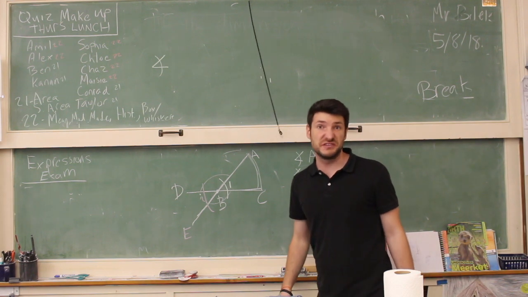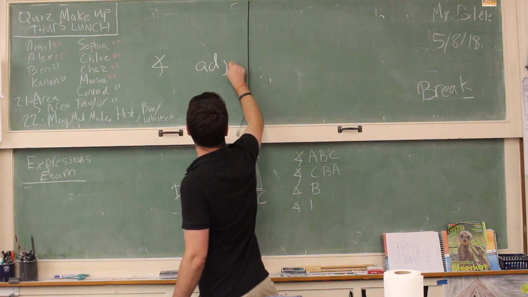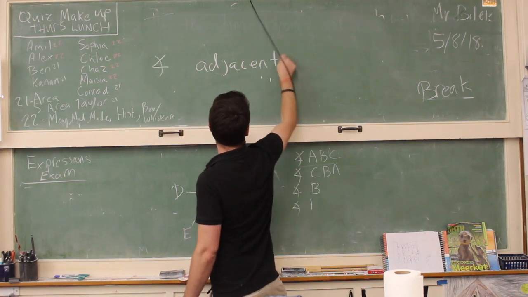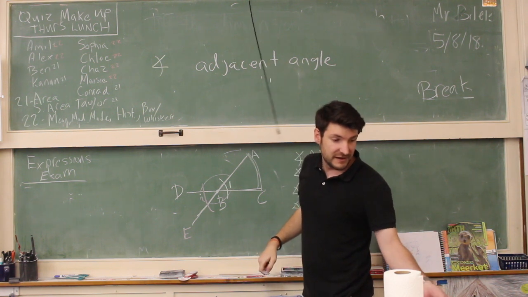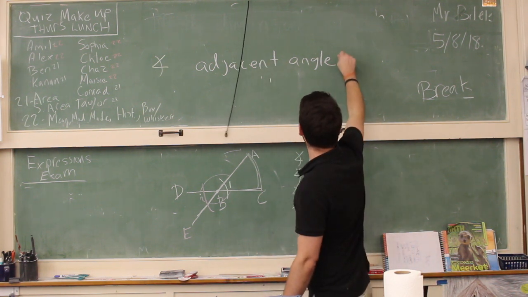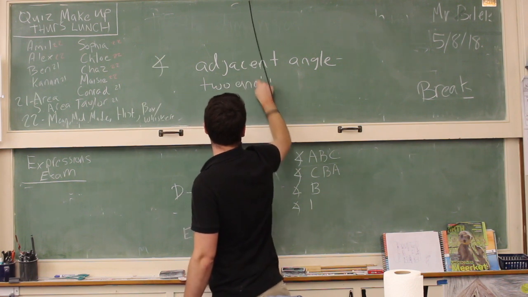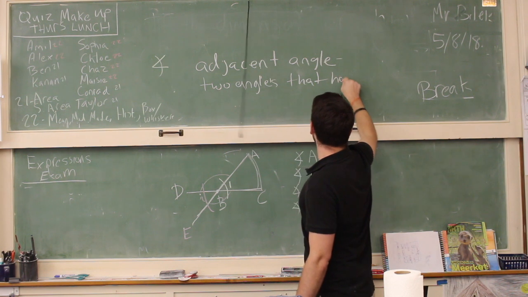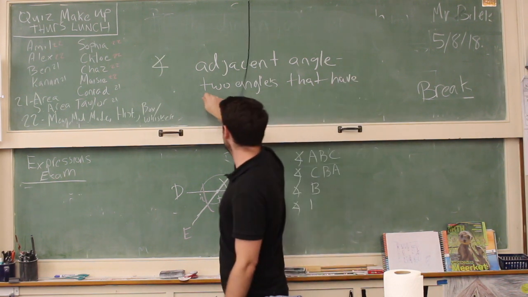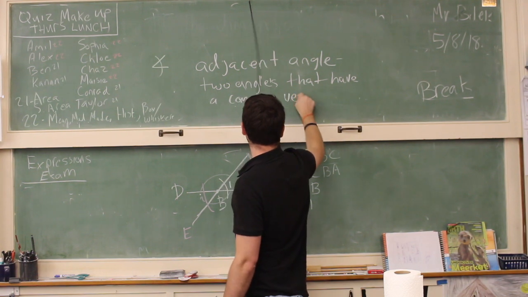Now I have to spell the word adjacent. I think that's right. And adjacent angles are 2 angles that have a common vertex.